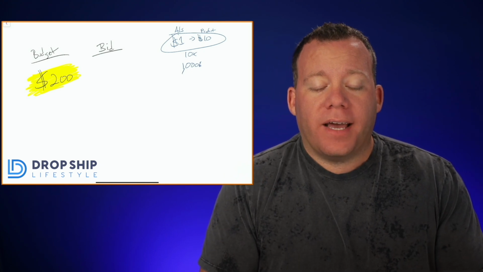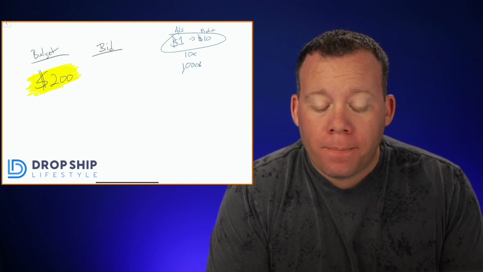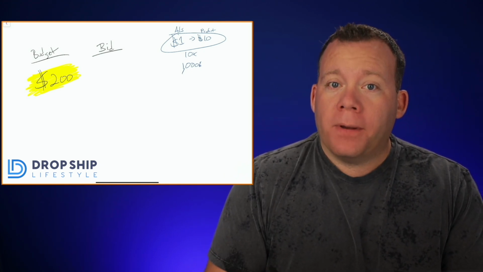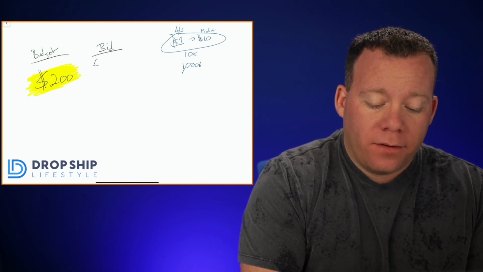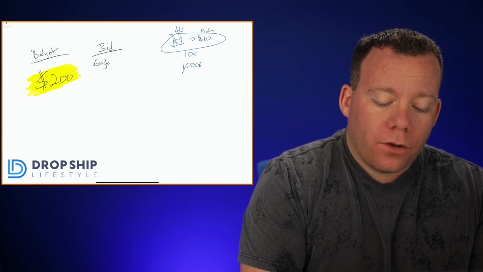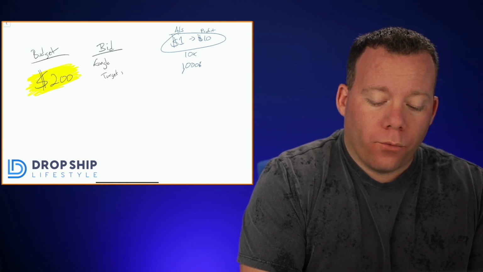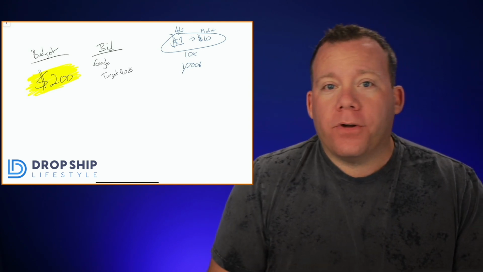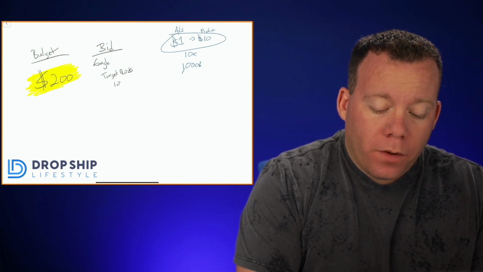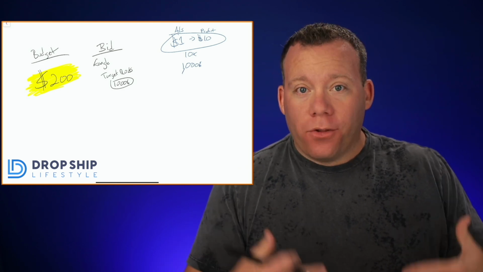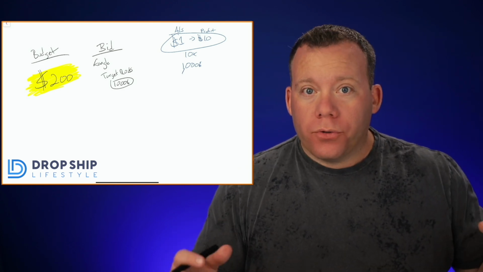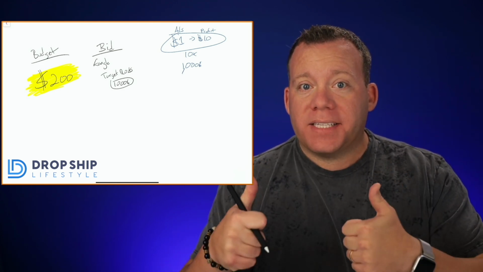Let's say for a Google campaign, you could choose your bidding type as target ROAS. That stands for target return on ad spend. So for Google, you could do target ROAS bidding, and you can make your target return on ad spend 1,000%. What that would mean is as long as you were getting that, Google knows that numbers are working, let's keep spending.